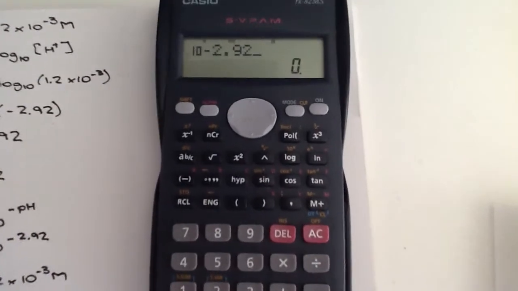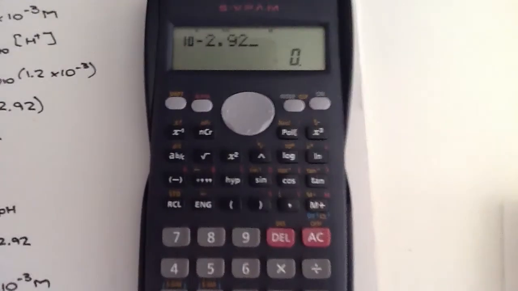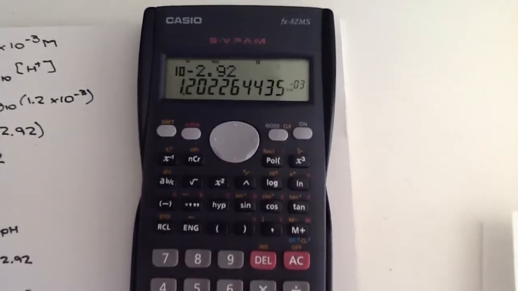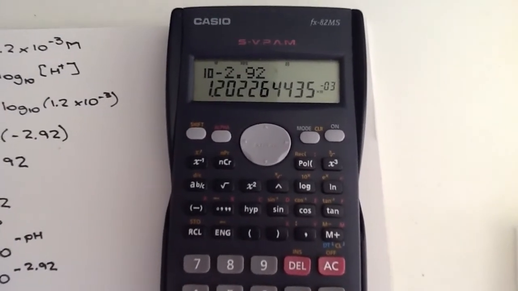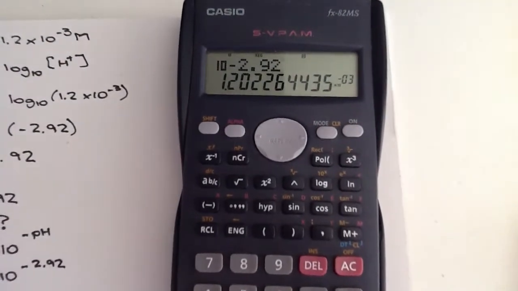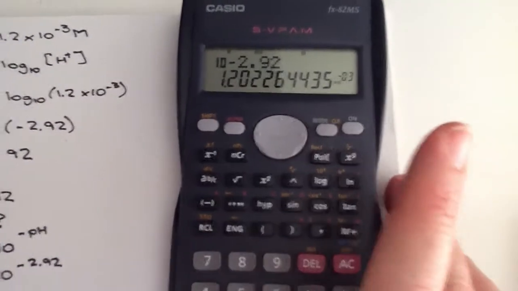So the calculator is coming up as 10 to the power of negative 2.92. We press our equals button and we can see that we get the answer for the hydronium concentration we were expecting, the 1.2 times 10 to the minus 3 molar.